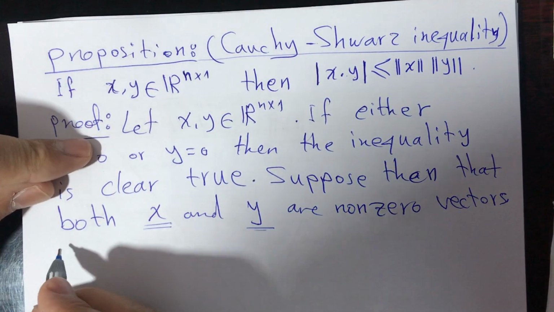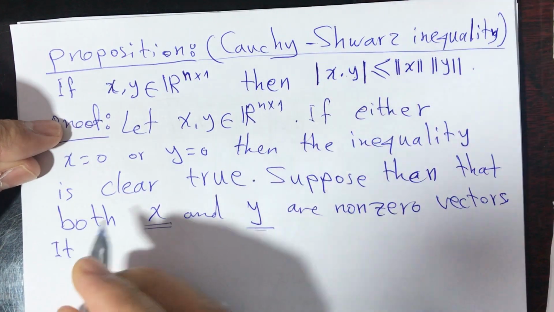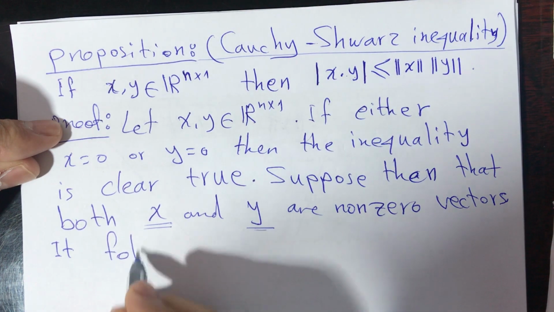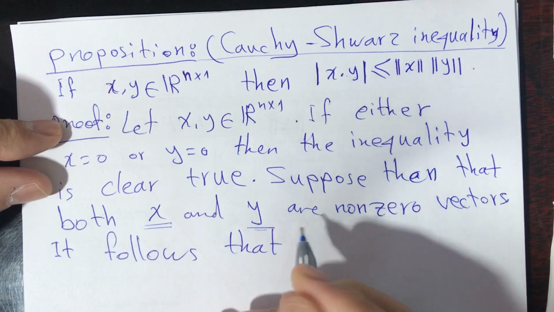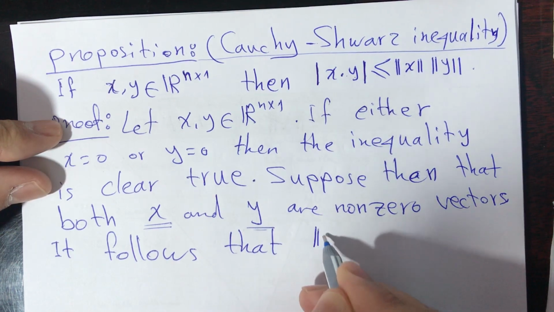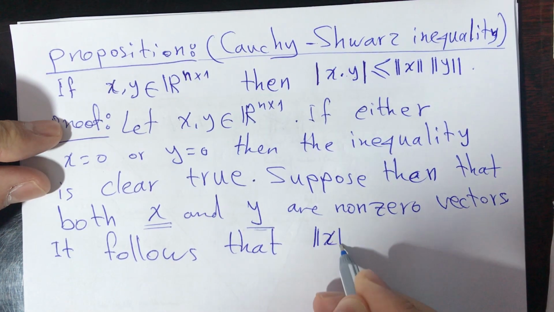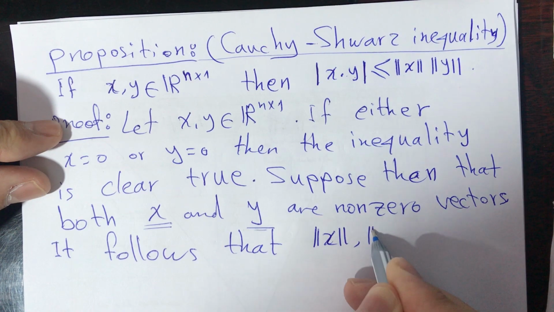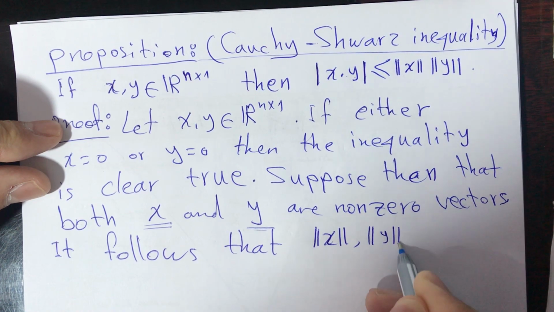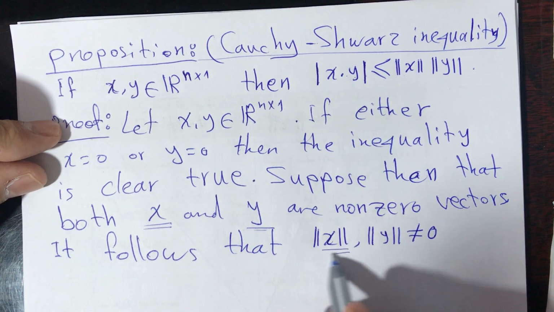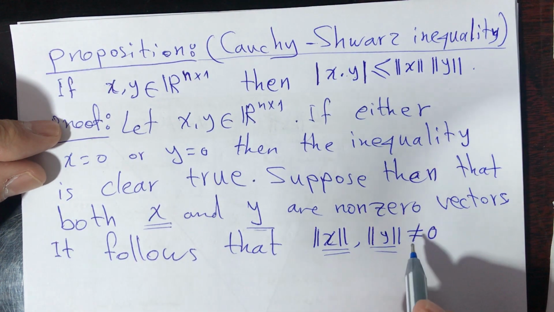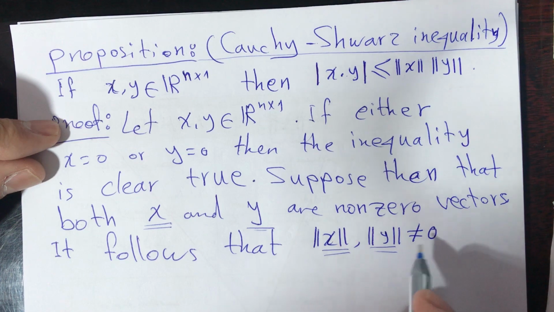It follows that norm x and norm y are both not equal to 0.